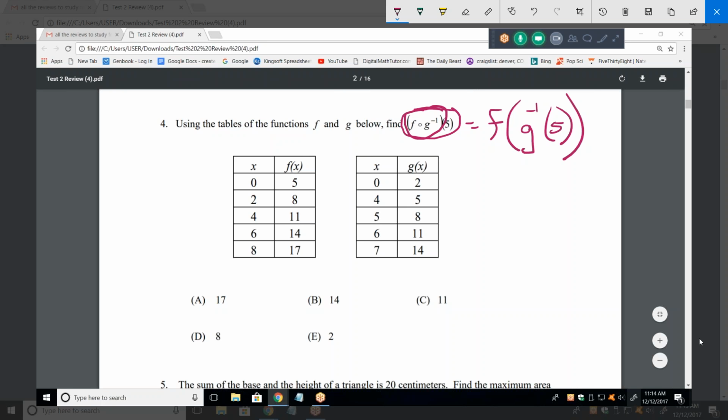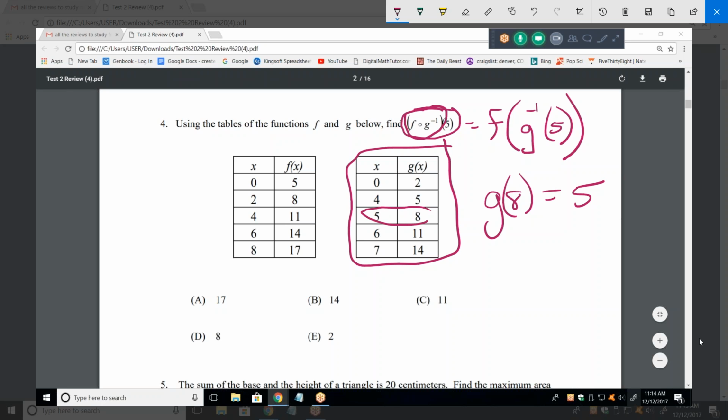Looking at the tables, you're going to look at this table right here. That's g of 5. What's g inverse of 5? 8. Correct. In other words, g of 8 equals 5 based on that row right there.